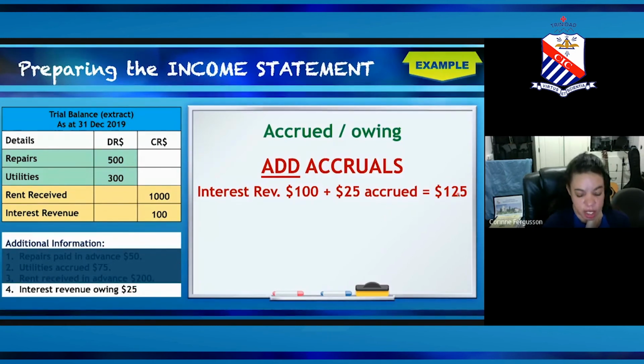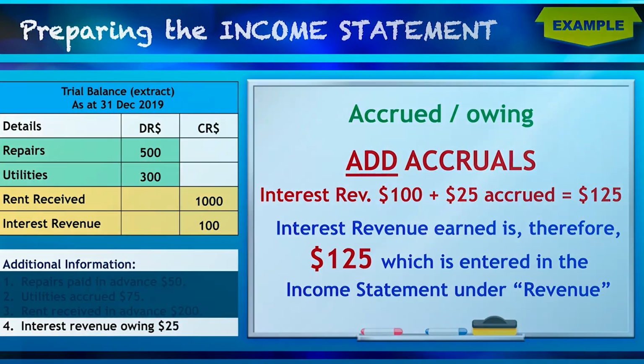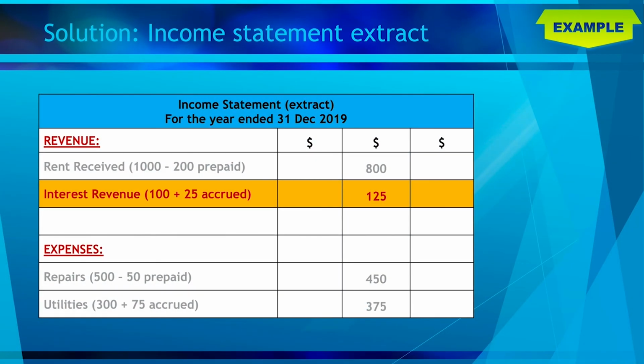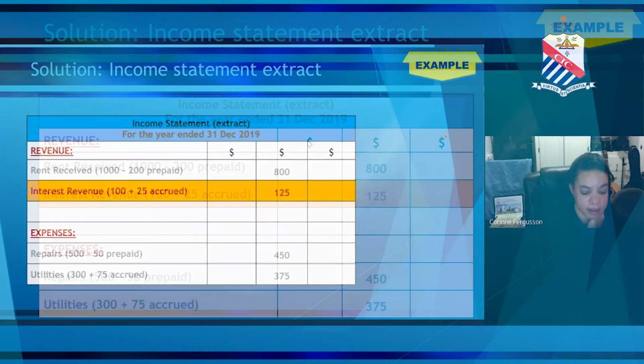That gives you 125. That is the amount that is earned, goes into your income statement like this. Under revenue, interest revenue, 100 plus 25, and you put your answer in the column there.